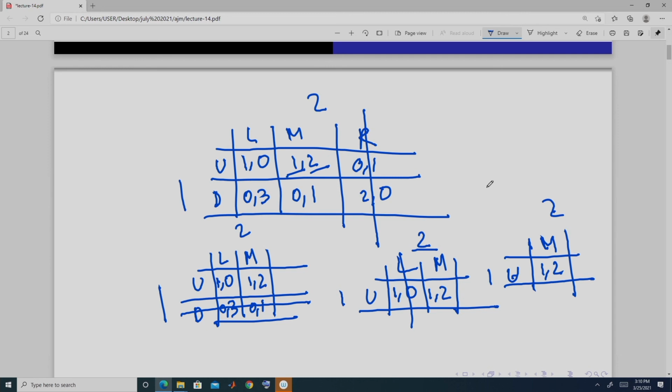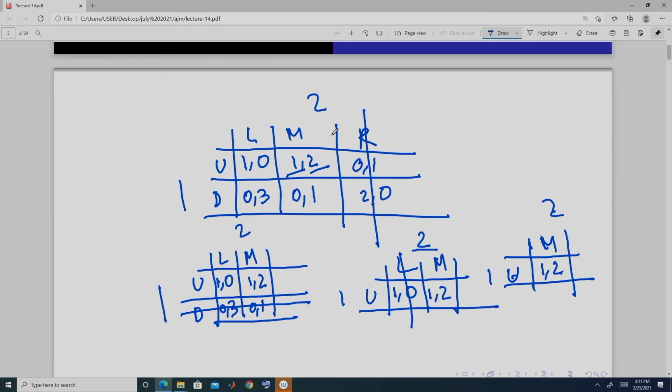First, player 2 is assuming that player 1 knows that player 2 is going to remove this. Then player 2 is again making an assumption that player 1 is rational and that player 1 knows that player 2 is rational. So, that is why it is removing this.